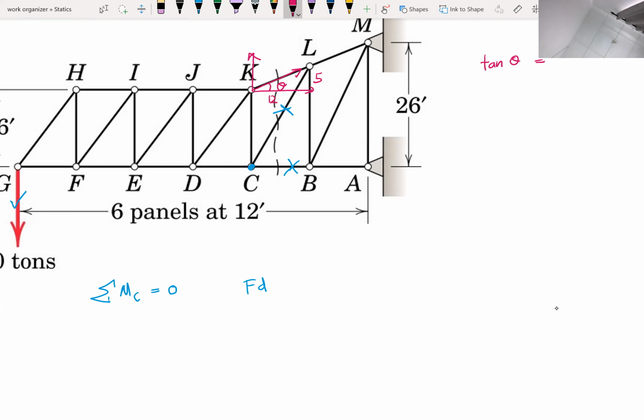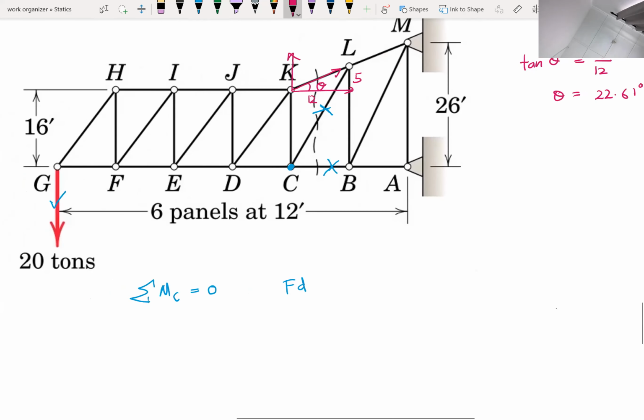So 5 over 12, and theta we get 22.6 degrees.